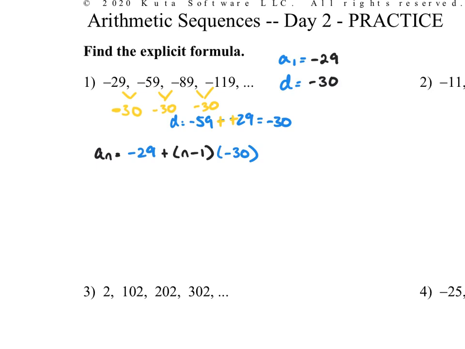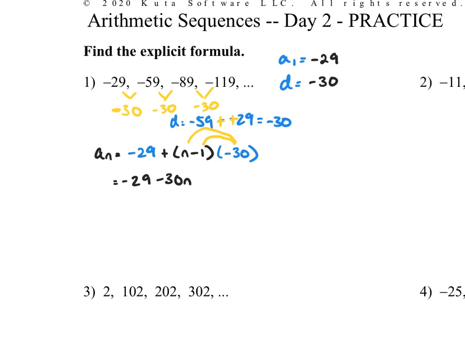Now, here are the next kind of things here, all right? You would take this and do what with the negative 30? Distribute, okay? So, once you distribute, that means you get negative 29. Negative 30 times positive n is negative 30n. So, see how I just made that a minus 30n.